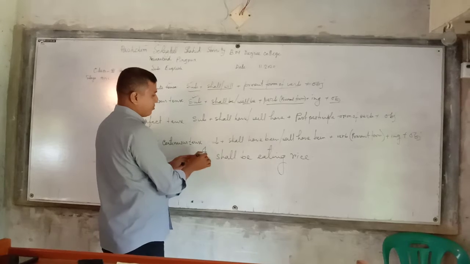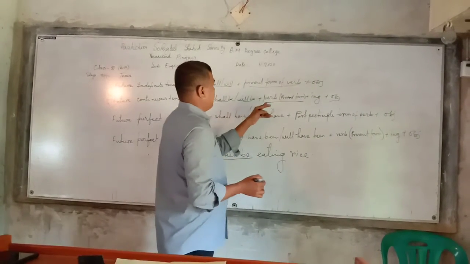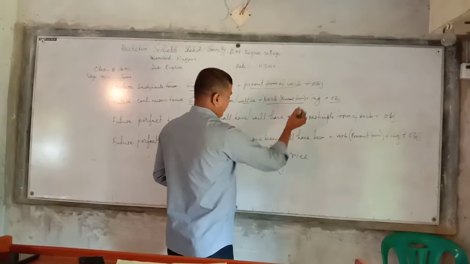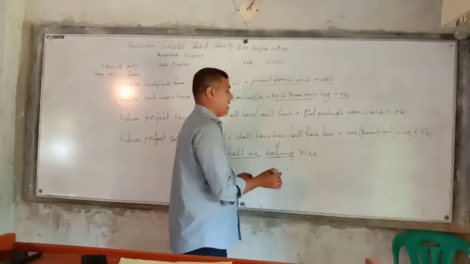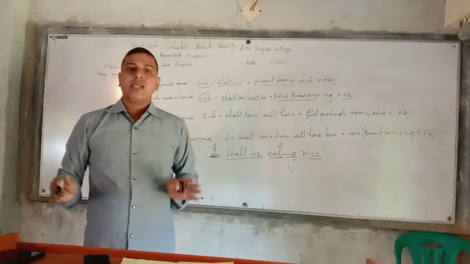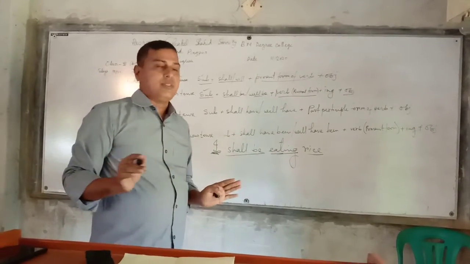I is first person, so we use after it shall be. Present form of verb plus ing. Eat, present form plus ing, eating, and object rice. So it's an example of future continuous tense.